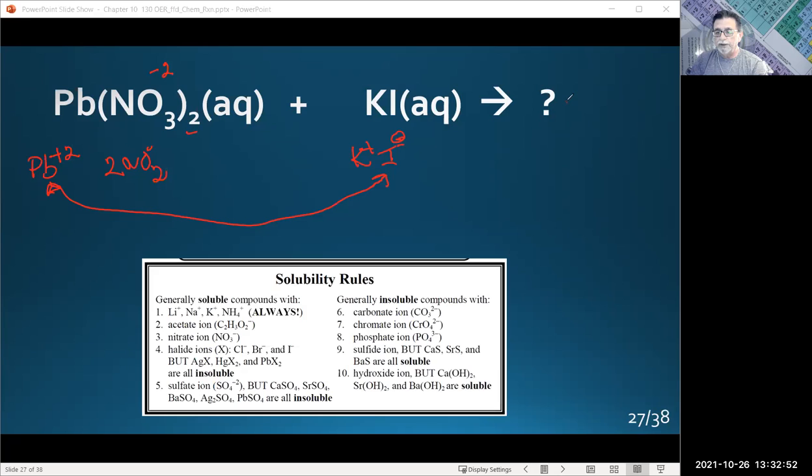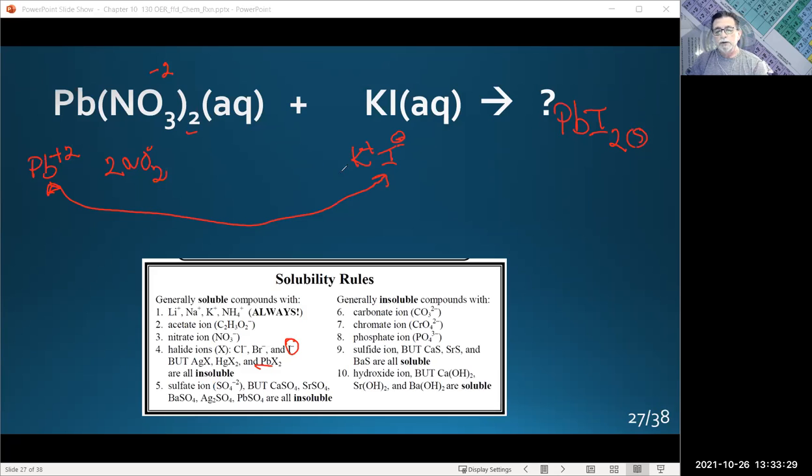So the formula would be K. Oh, sorry about that. Got potassium in my brain. We have lead iodide, subscript 2. Okay, let's find out the solubility of the new product, lead iodide, specifically PbI2. So normally the halides are soluble, but if they're bonded with lead, they're insoluble, and therefore we have a solid.